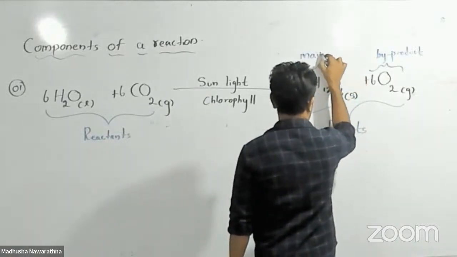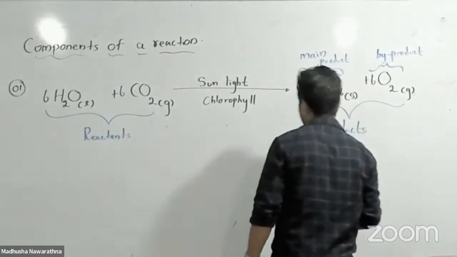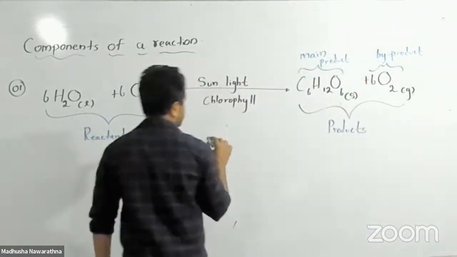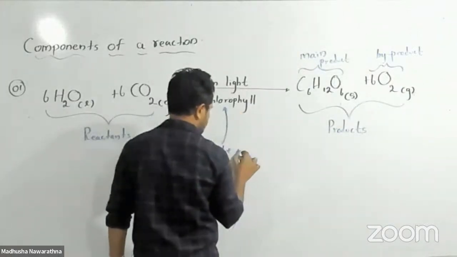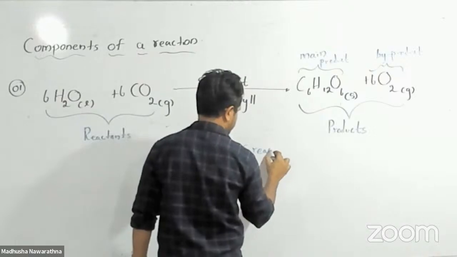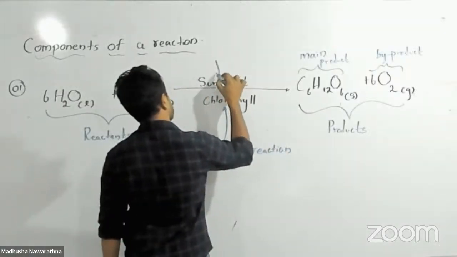This is the main product. And the chlorophyll means the site of reaction. Sunlight means the energy.